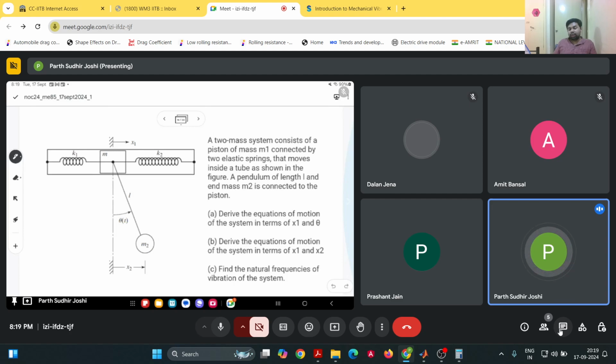We can derive the equations of motion using either of them, but the natural frequency of the system will still remain the same. It will not change based on the choice of coordinates as such. It will just make the derivation different either way.